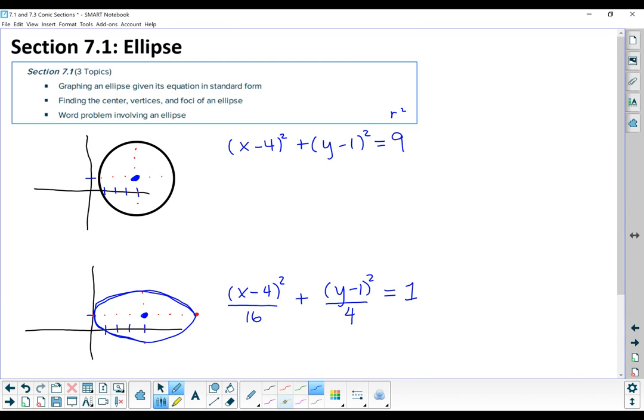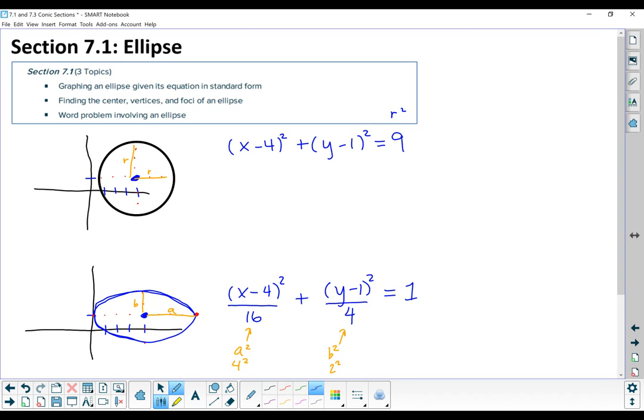where this is what we call our major axis squared, in this case 4 squared, and this would be our minor axis squared, which is 2 squared, which gives me 4. So this would be an a and a b. Instead of having those two distances the same, for an ellipse there are two different numbers.